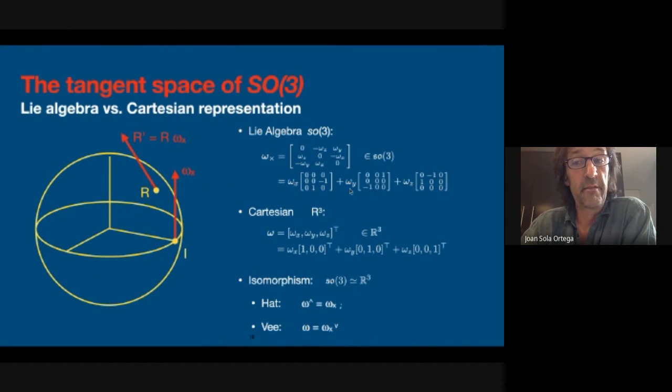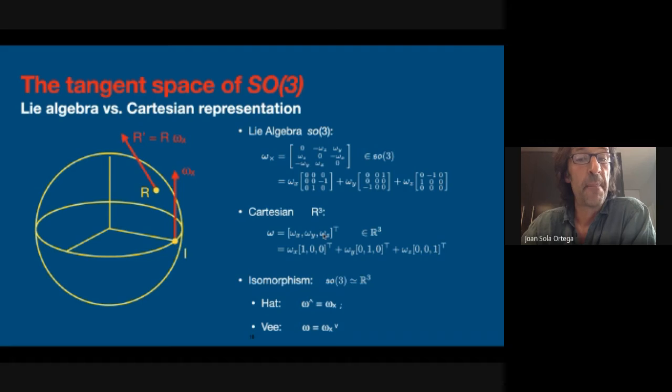Now we take these 3 elements and construct a regular Cartesian vector with 3 elements, which satisfies, of course, this other equation. It's easy to see that this thing here is absolutely equivalent to this one here. If I give you this vector, you can construct this matrix immediately. And if I give you this matrix, you can construct this vector immediately.